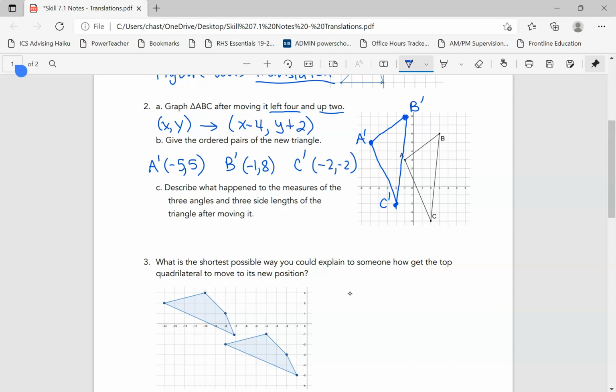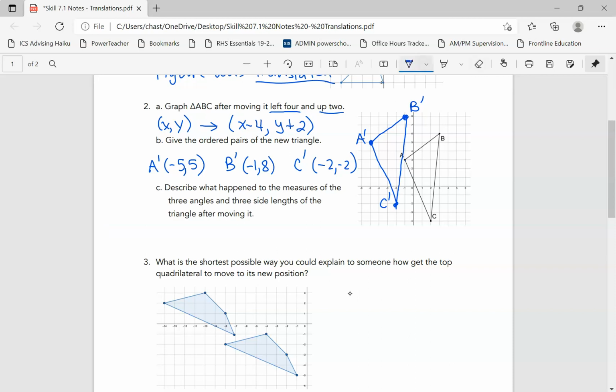It says, describe what happened to the measures of the 3 angles and the 3 sides. If we look here, it doesn't take a whole lot to notice that the angles stay the same. Actually, I want to say corresponding angles. I'm just going to rewrite this.